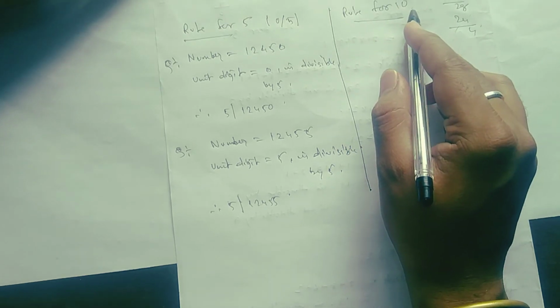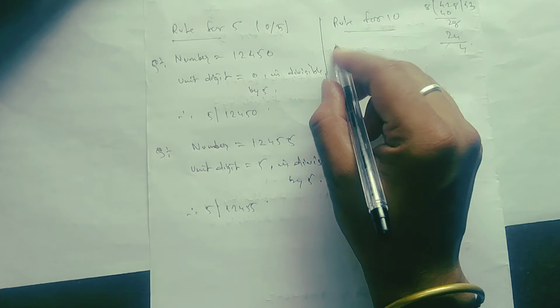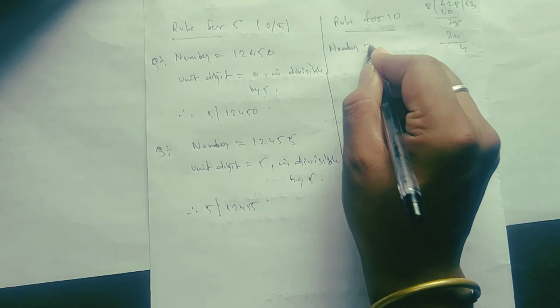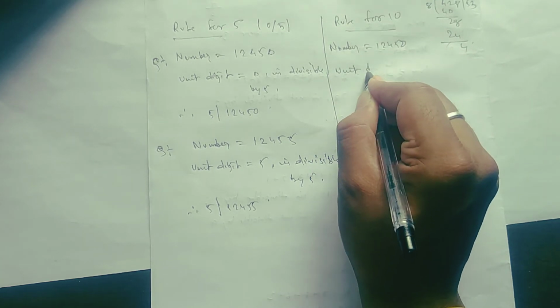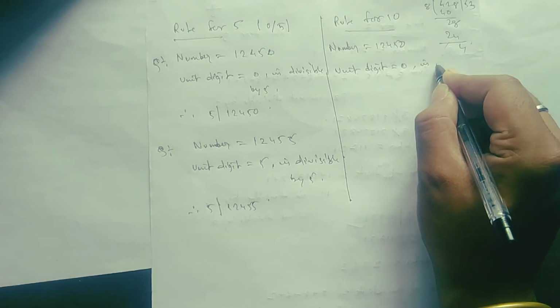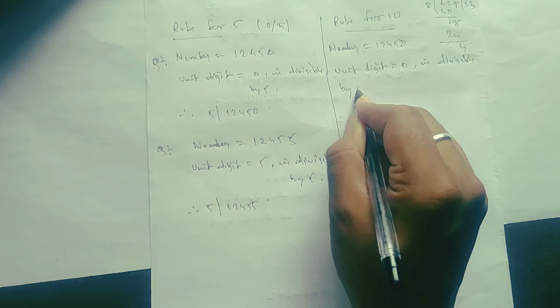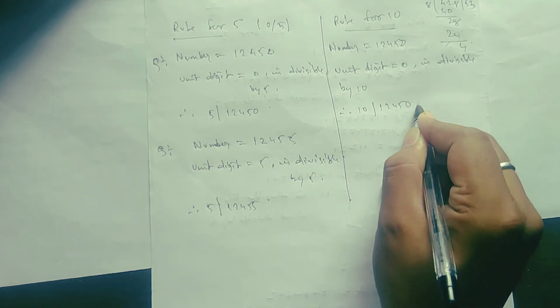But if we go for the rule for 10, you can see that with the same number 12450, the unit digit is 0 and it is divisible by 10. Therefore 10 divides 12450.